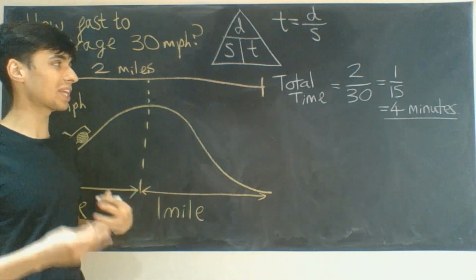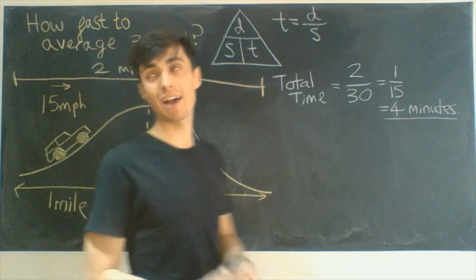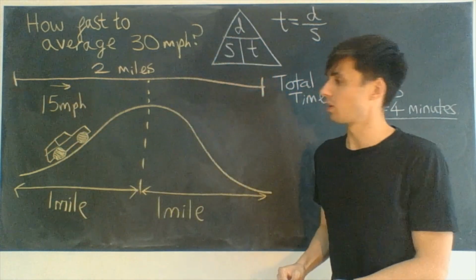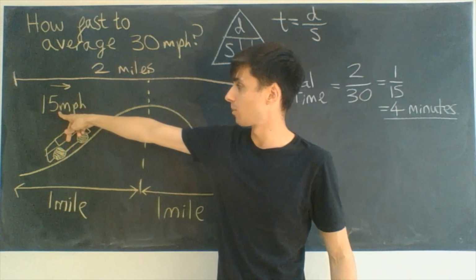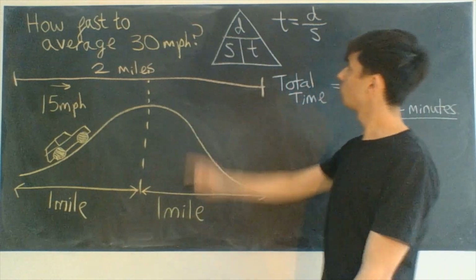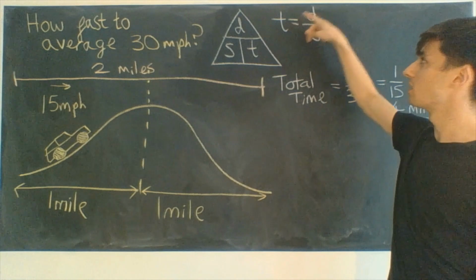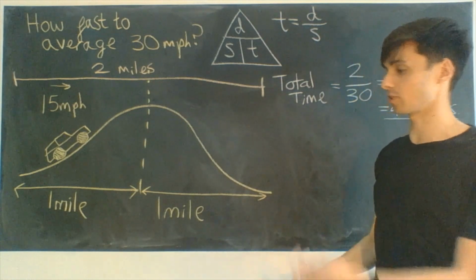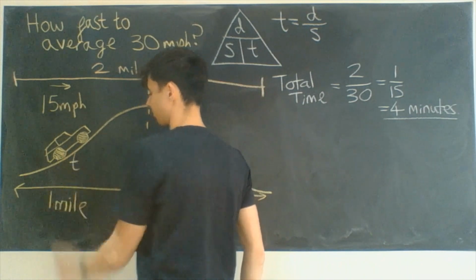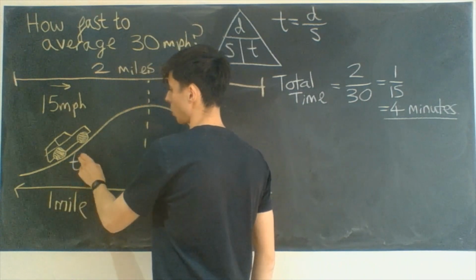Well, now let's start thinking about some other stuff we already have. And it's this part here that's going to help us. We went uphill at 15 miles per hour and it took us 1 mile. So let's use this same formula. Time equals distance over speed. And we'll just call this our T. We could call it T1.